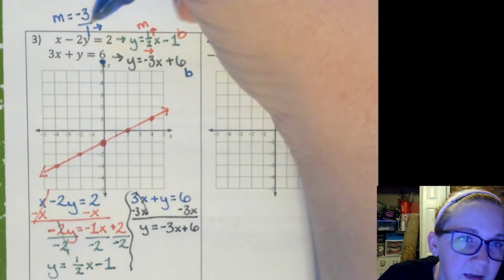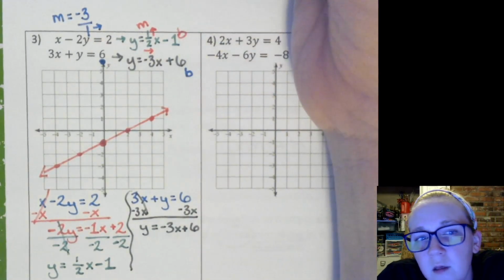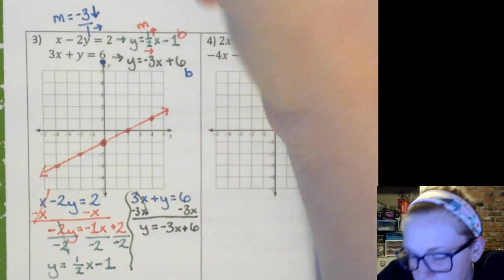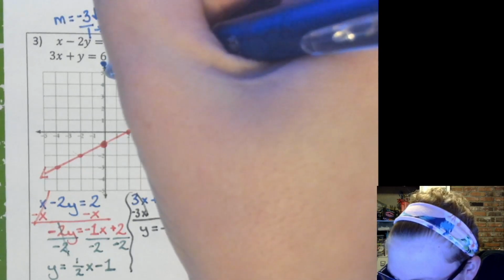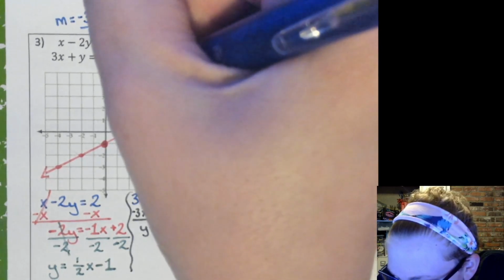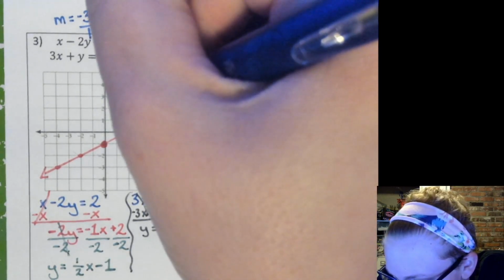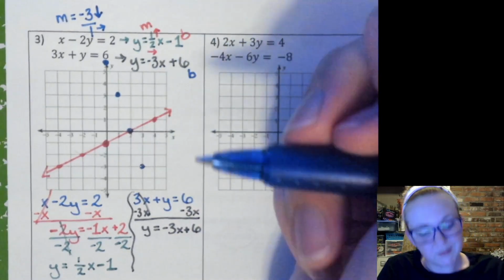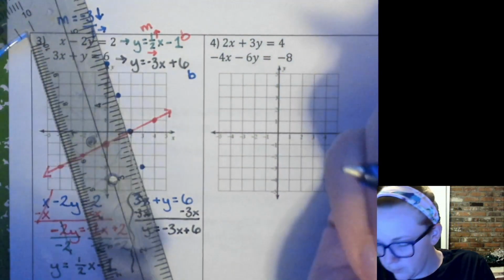Because it's -3, we should be going down. So we start here, go down 1, 2, 3, and right 1, down 3, right 1, down 3, right 1. That's it. We filled the whole graph.